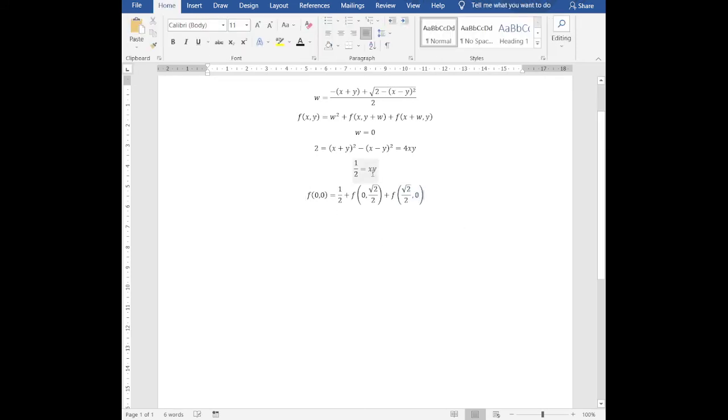This doesn't feel like coincidence that there is a solution here when x equals 1 over root 2, or square root 2 over 2, y equals square root 2 over 2.